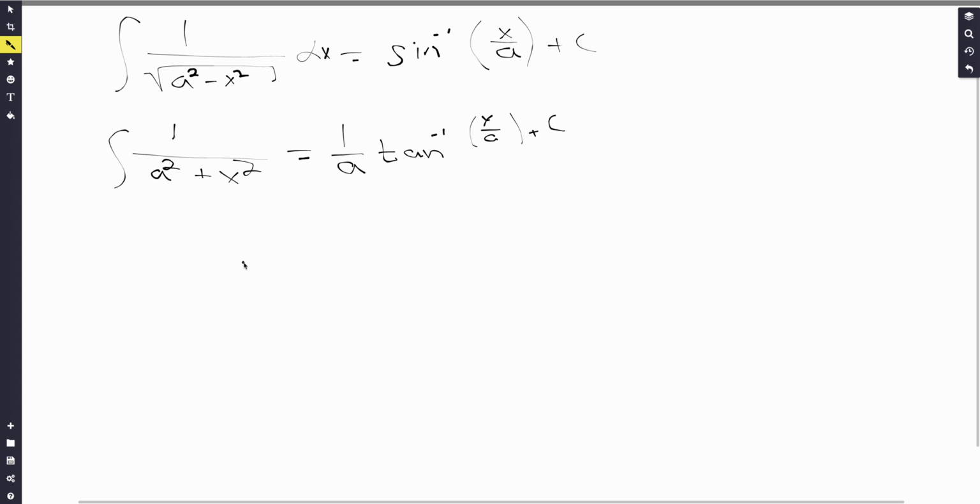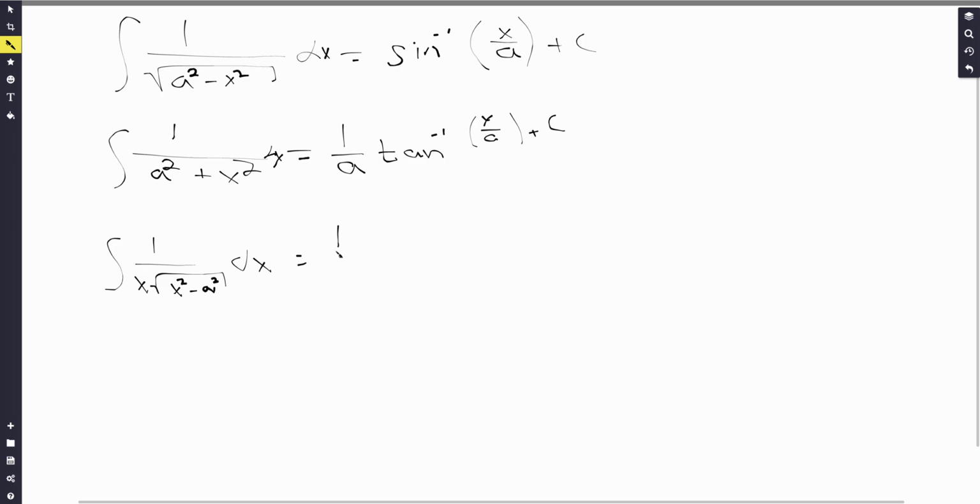plus c. And the final of these would be the integral of 1 over x root x squared minus a squared dx. We should include the dx here for the integration.